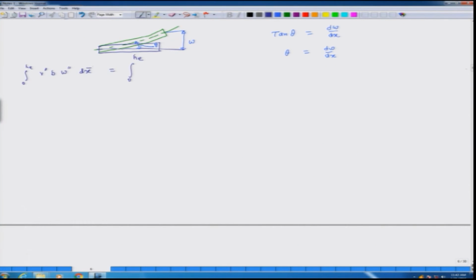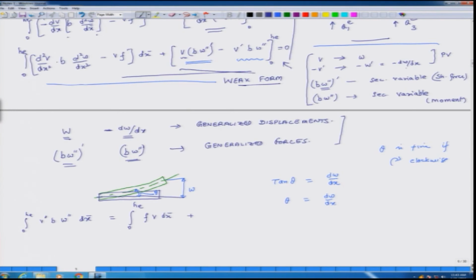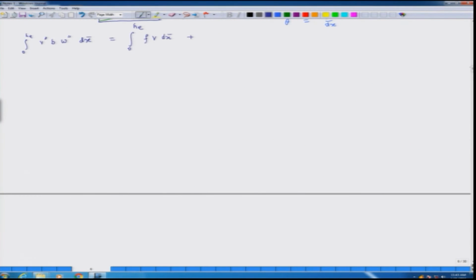So, going back, I am going to rewrite this equation. So, this equals the integral of fv times dx bar plus, and what I am going to do is all these boundary terms, I am going to open this bracket and I will explicitly write down all the boundary terms.